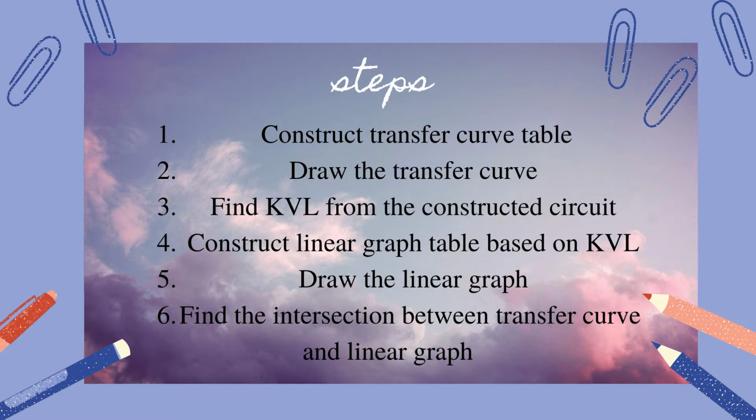The fifth step is draw the linear graph on the same graph paper with the transfer curve. And the final step is find the intersection point between transfer curve and linear graph to determine IDQ and VGSQ.